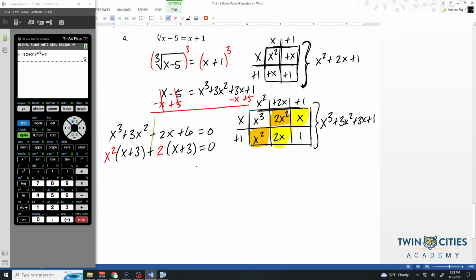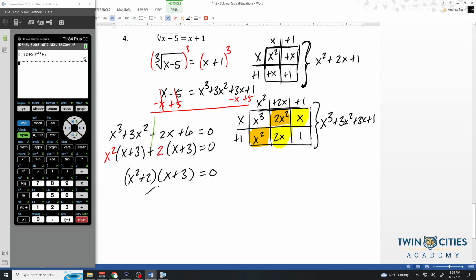If that happens, then this will factor to what I pulled out, x squared, plus what I pulled out over here, 2, together, times, they both have this x plus 3, equals 0.